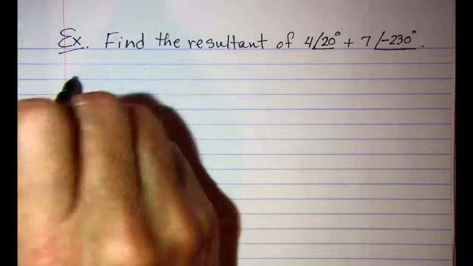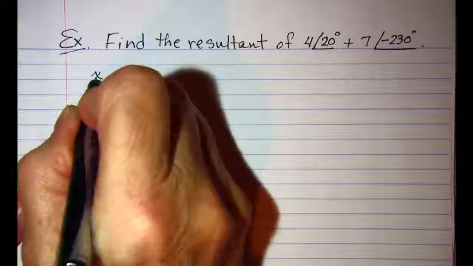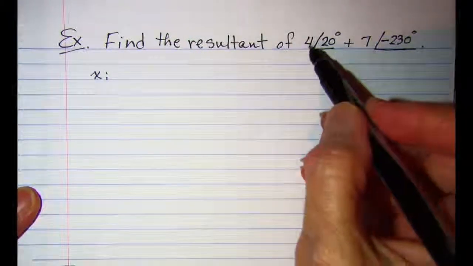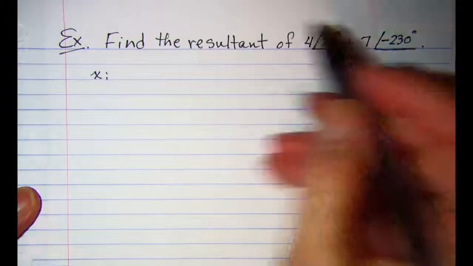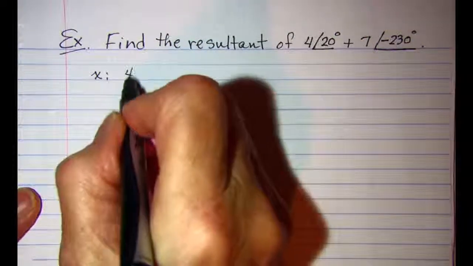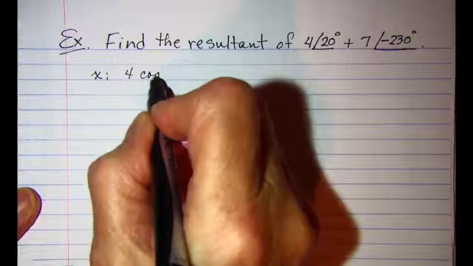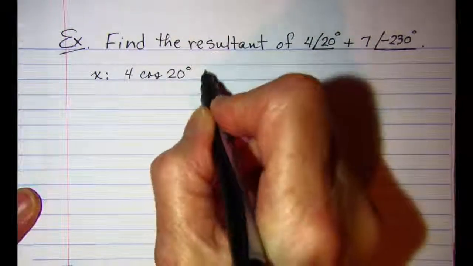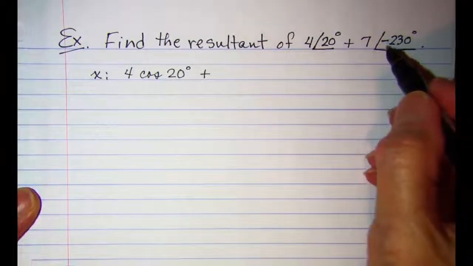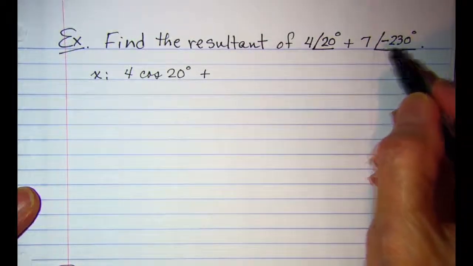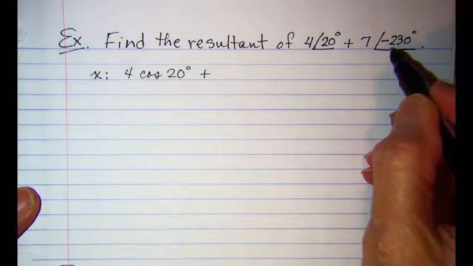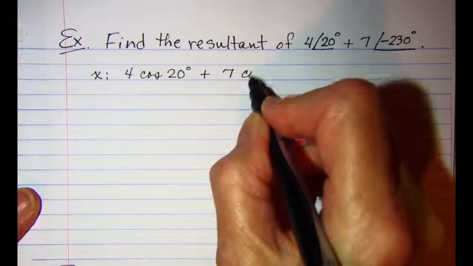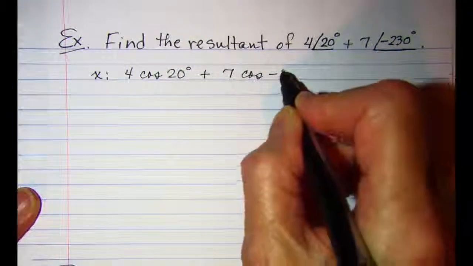So we will do our x values first. The x value for this vector is going to be 4 times the cosine of 20. And then we're going to add to that the horizontal component for this vector, which would be 7 times the cosine of negative 230.